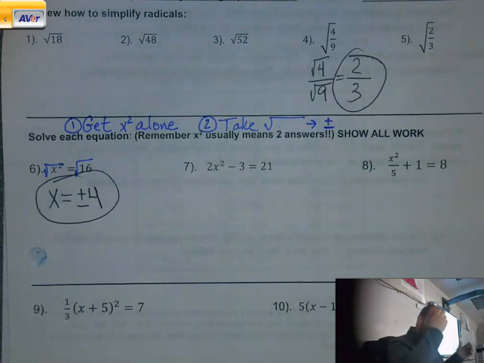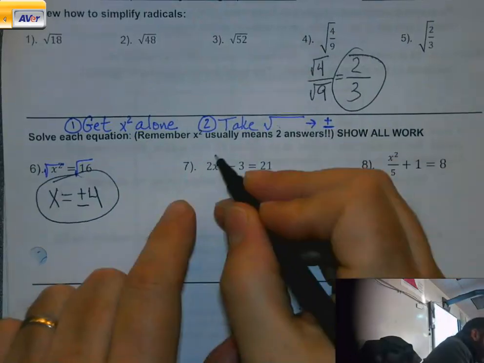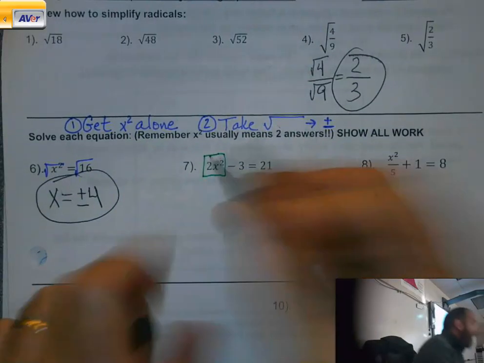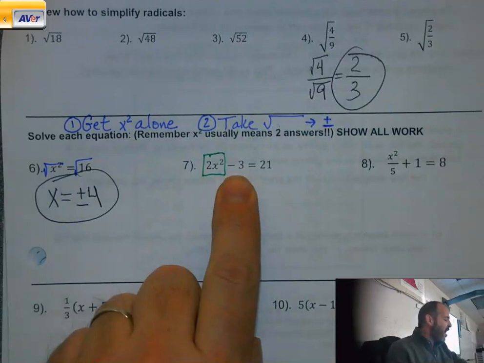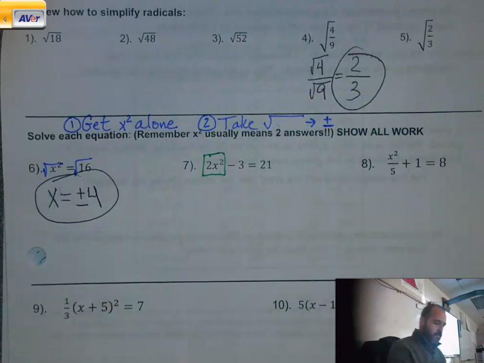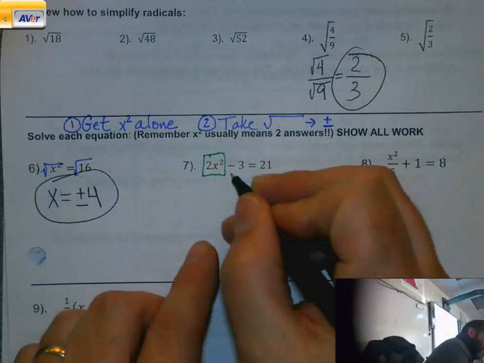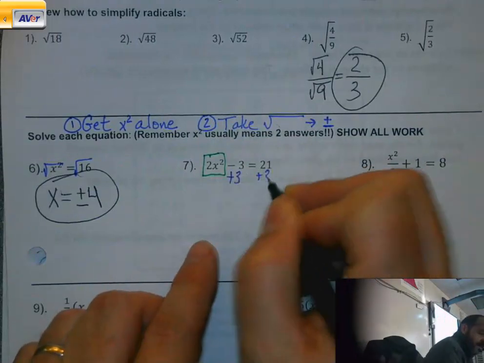But these next 2, we're going to have to do a little more work, because we need to work on getting our x squared term by itself first. So, how do I undo minus 3? Plus 3 or positive 3? Absolutely.